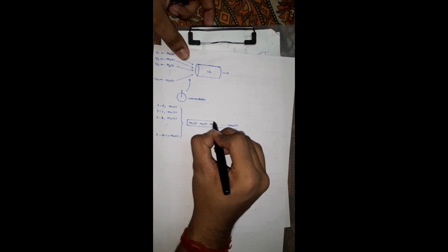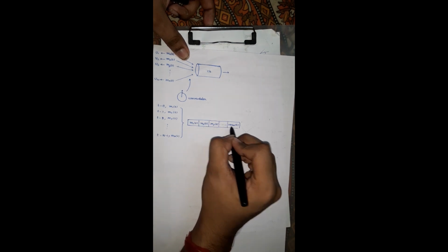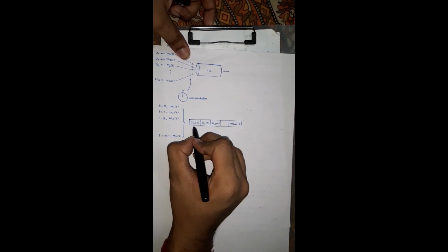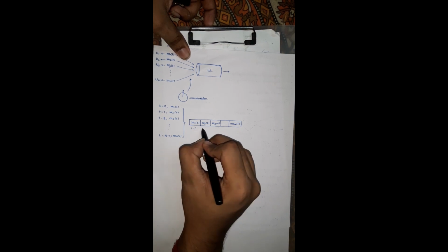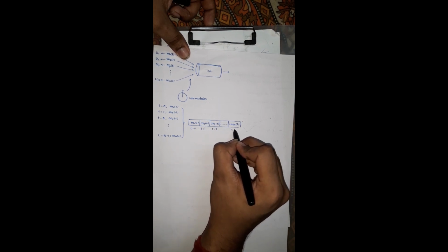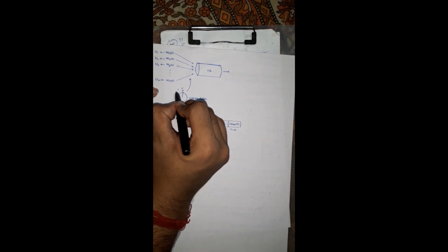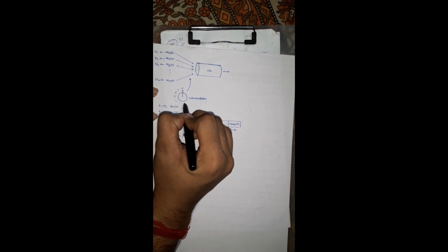We are making a frame, and each frame is going to be transmitted at several times. That is, this frame is transmitted at t equal to 0, this frame at t equal to 1, this at t equal to 2 and this at t equal to n.